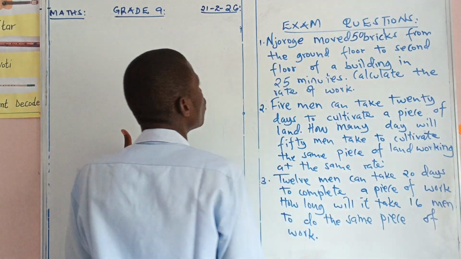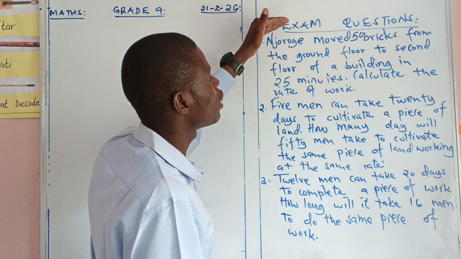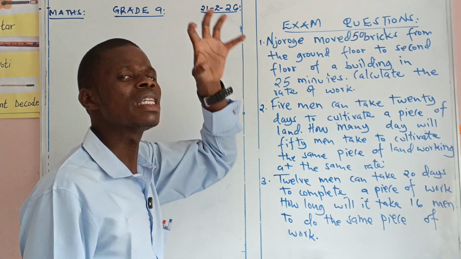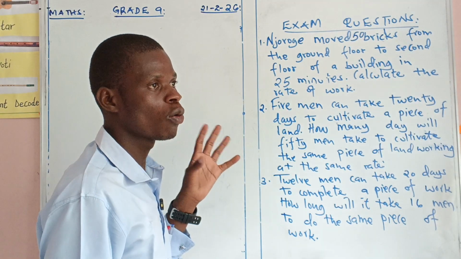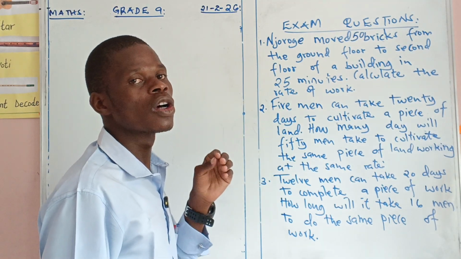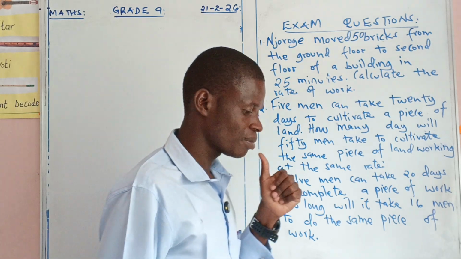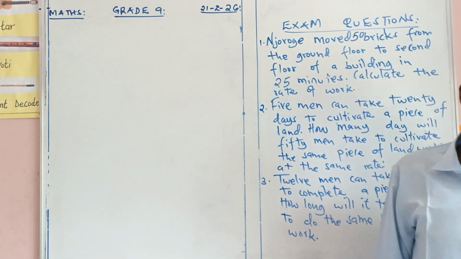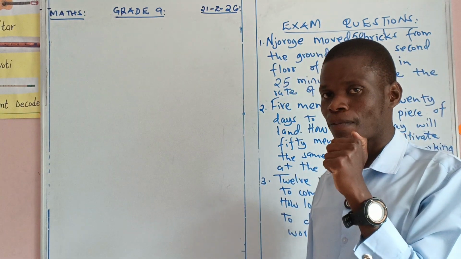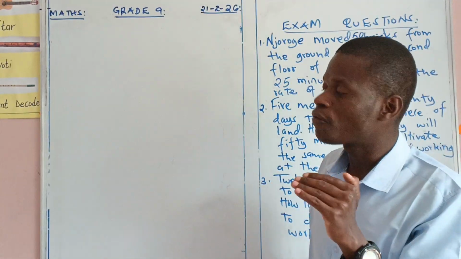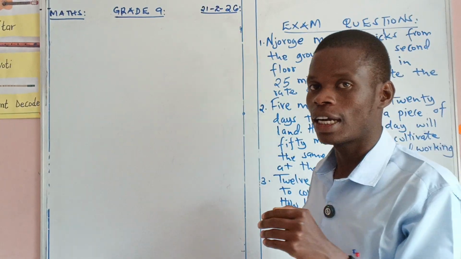So here, we have questions concerning rate of work. So ask yourself, what is the rate of doing work? Rate of doing work is the amount of work done over the time taken to do that work.